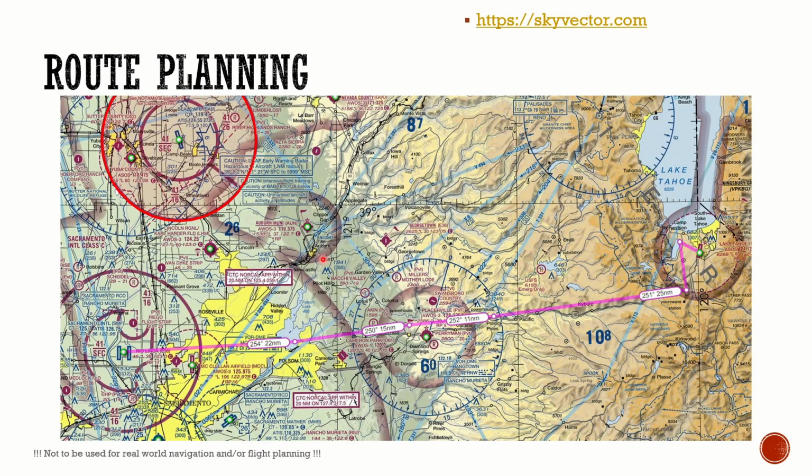Route planning. There are basically two options, I believe, for how to cross these mountains, or three if I need to be specific. One is, as I depicted, there should be a valley that the road goes through in here. I believe there is another valley here, west of Tahoma town.